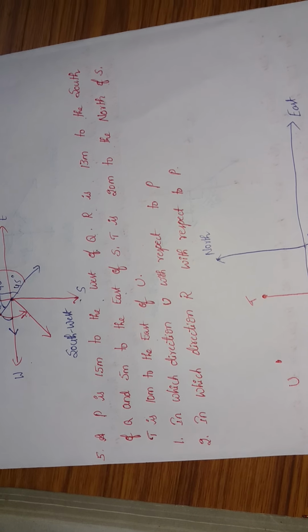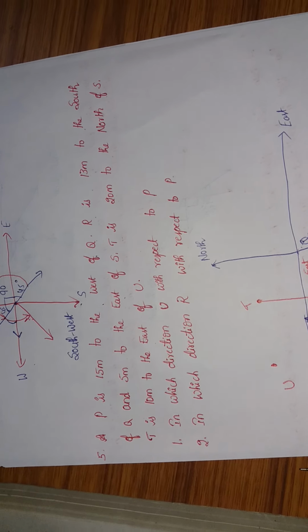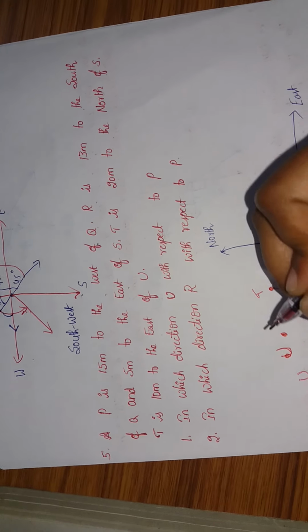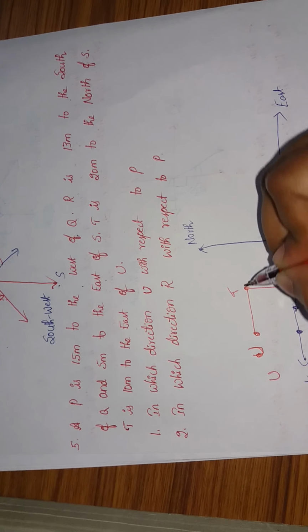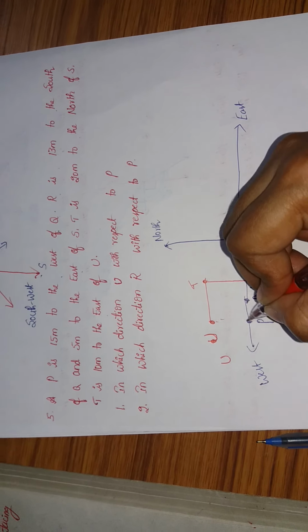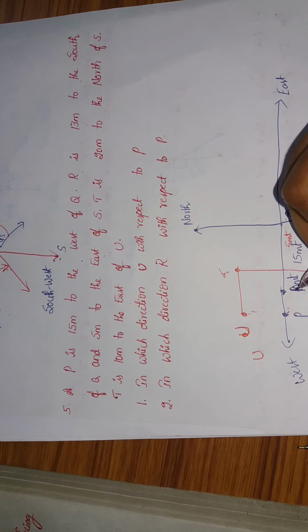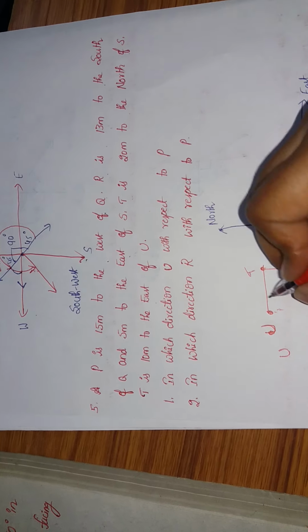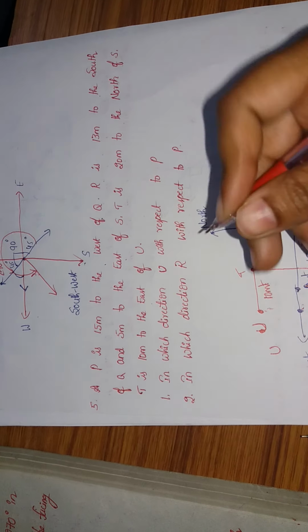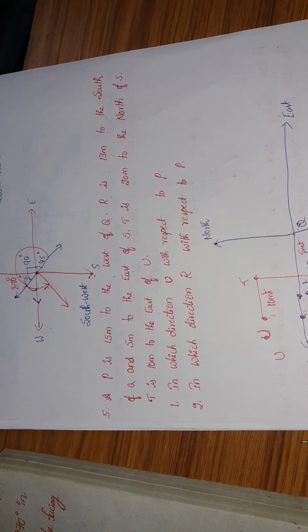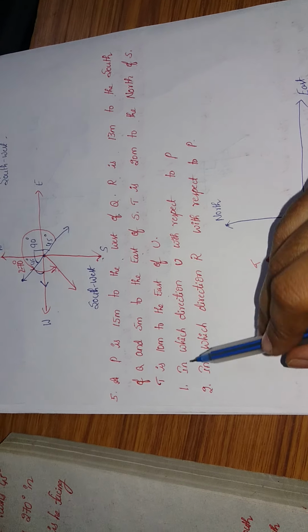Means U and P are in exactly the same position. So we should draw this here. Here P and U are in the same position. For the 10 meters of length, U is present here.